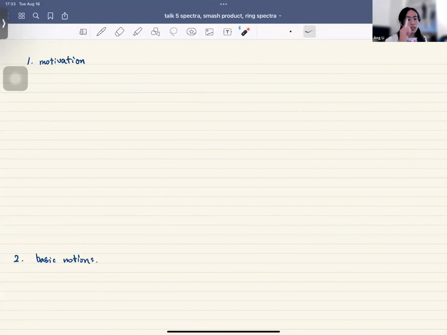And the reference I'm using is basically Carey's note on the stable homotopy category. And because I'm not using the same device, I can't copy and paste. Sorry. And in previous years, people also gave talks on similar stuff, and I've been making good use of that.